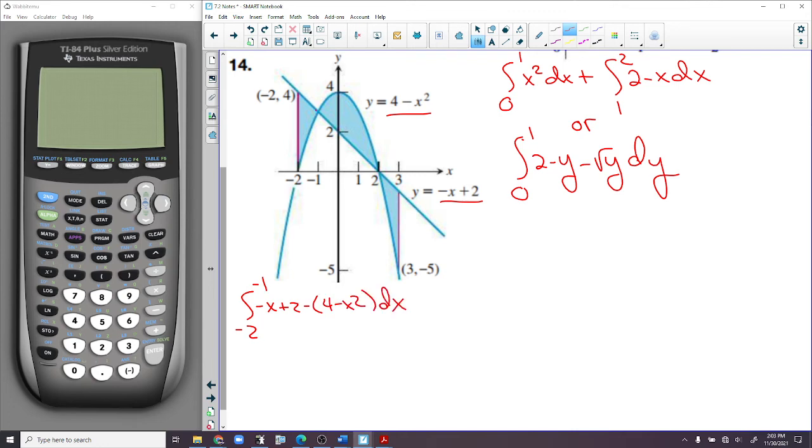But now from -1 to 2, they trade positions. So plus -1 to 2 of 4 minus x squared minus negative x plus 2. And then 2 to 3, they switch positions again. So plus 2 to 3 of line minus parabola. So negative x plus 2 minus 4 minus x squared.